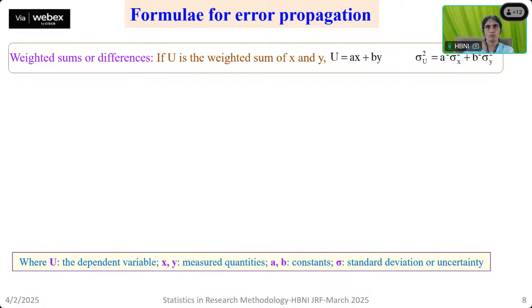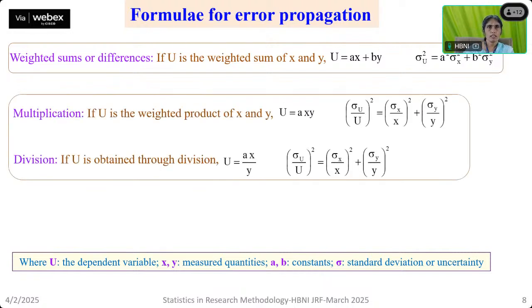The topmost box, black font color: U is AX plus BY. X and Y are the contributors or the measured quantities. A and B are the constants corresponding to those measured parameters. And the square of the uncertainty of U is given there. When we do multiplication and division, both are separately given.